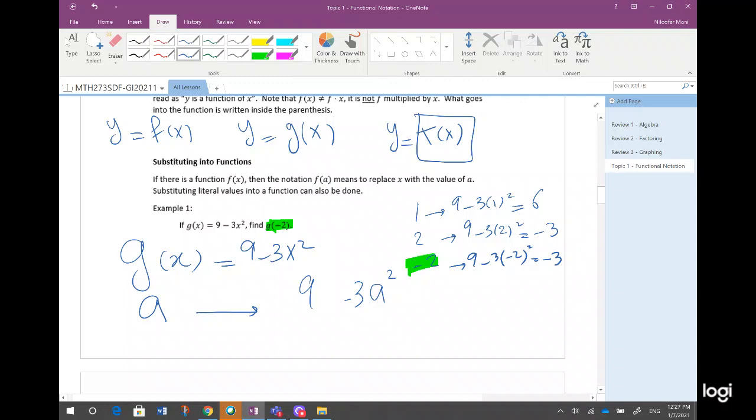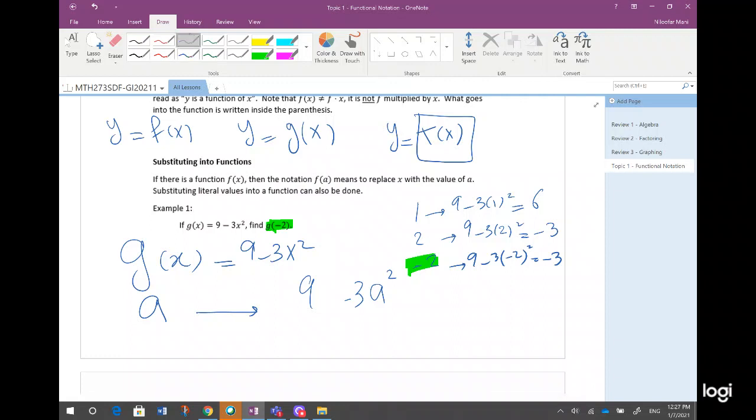Okay, is it a function? Yes, that's fine, because two different x go to the same y, which is the same as the previous page, and that's okay, that's a function. If I see one x goes to two different y's, that's not a function, but here it's the opposite. Two different x, the same y.